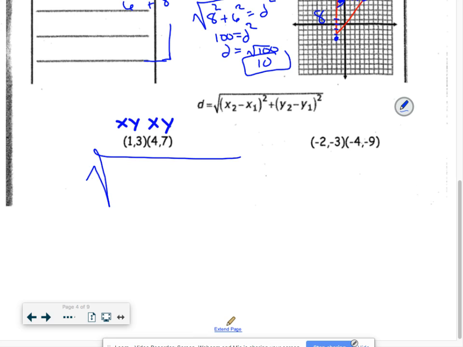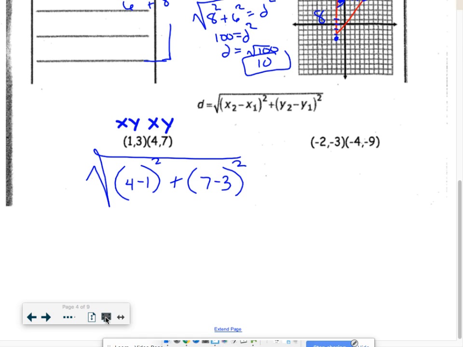I'm going to type it in exactly how the formula has it. So parenthesis, second x, take away the first x. So 4 minus 1, parenthesis square, that's what it says, plus parenthesis, now subtract your y. Second y, take away the first y. 7 minus 3, parenthesis square.